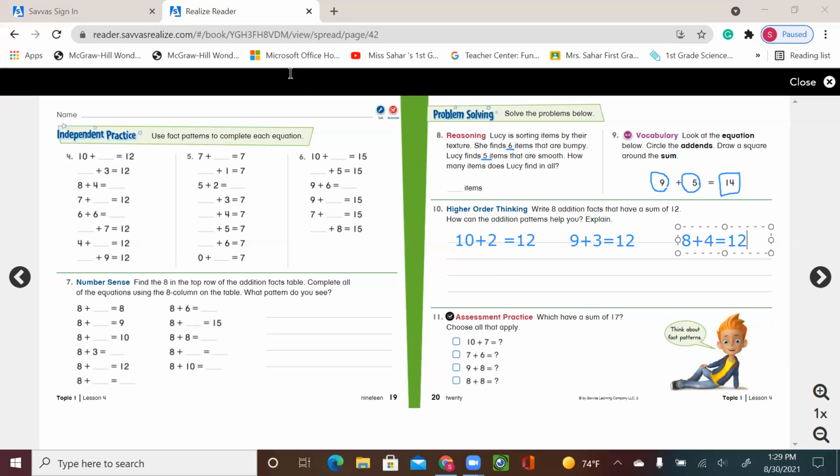For example, if I want to use something to help me, I'm going to go like this: 1, 2, 3, 4, 5, 6, 7, 8, 9, 10, and then I'm going to have 7: 1, 2, 3, 4, 5, 6, 7. I know I have 10, 11, 12, 13, 14, 15, 16, 17. So the first one is right. 10 plus 7 equals 17. Then you can do the rest until you choose only the equations where, when you add the 2 add-ins, your answer is 17.